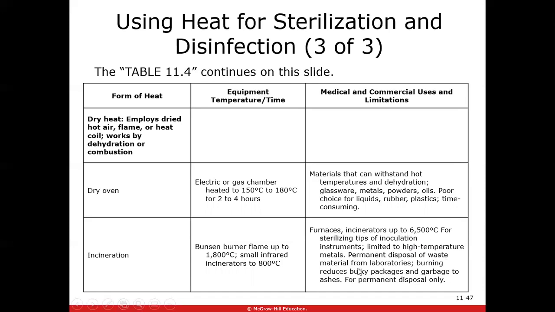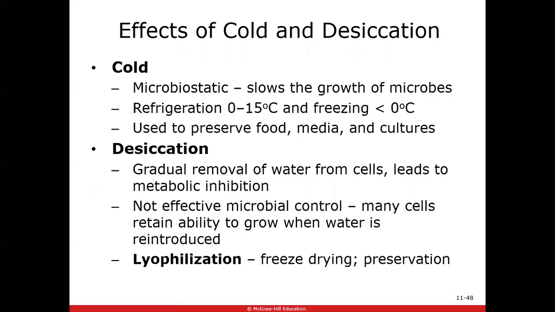So permanent disposal of waste materials from labs, burning residues, or reducing bulky packages and garbage to ashes. And that's for permanent disposal only, unless it's used on high temperature metals.